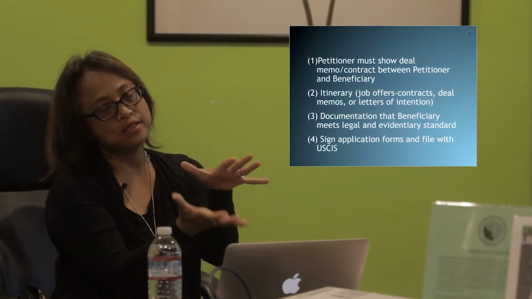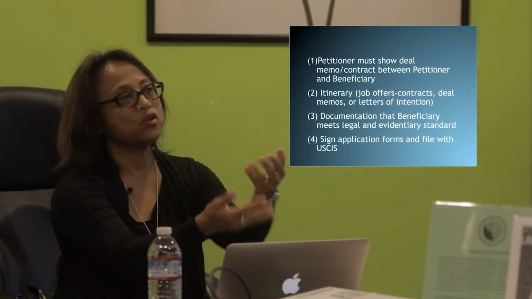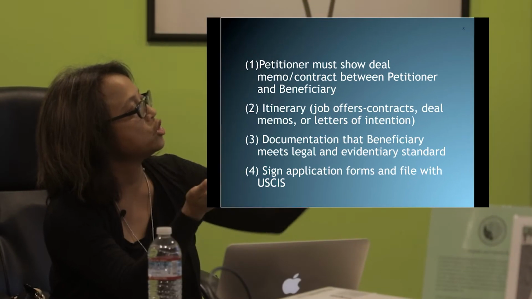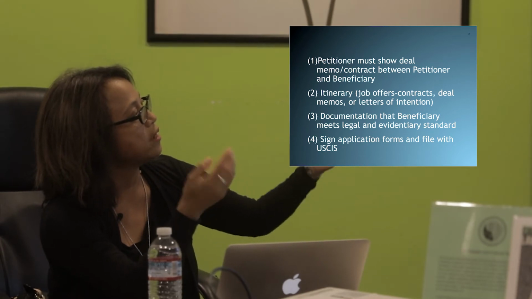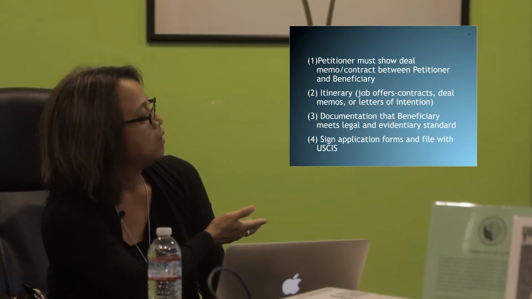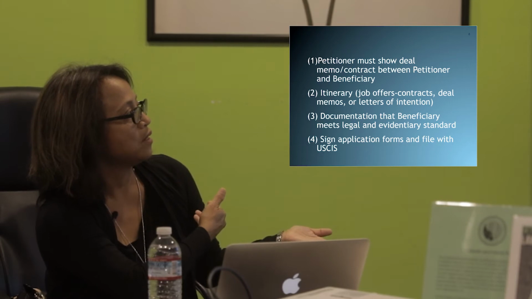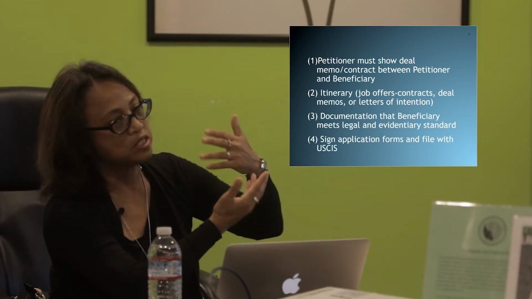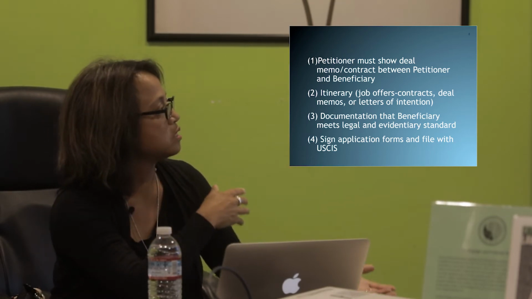In the application you send to immigration, for example from here in the United States, the petitioner must show various documents such as a deal memo. If it's an employer, that's a contract between them and the beneficiary. The beneficiary is the person applying for the O visa.